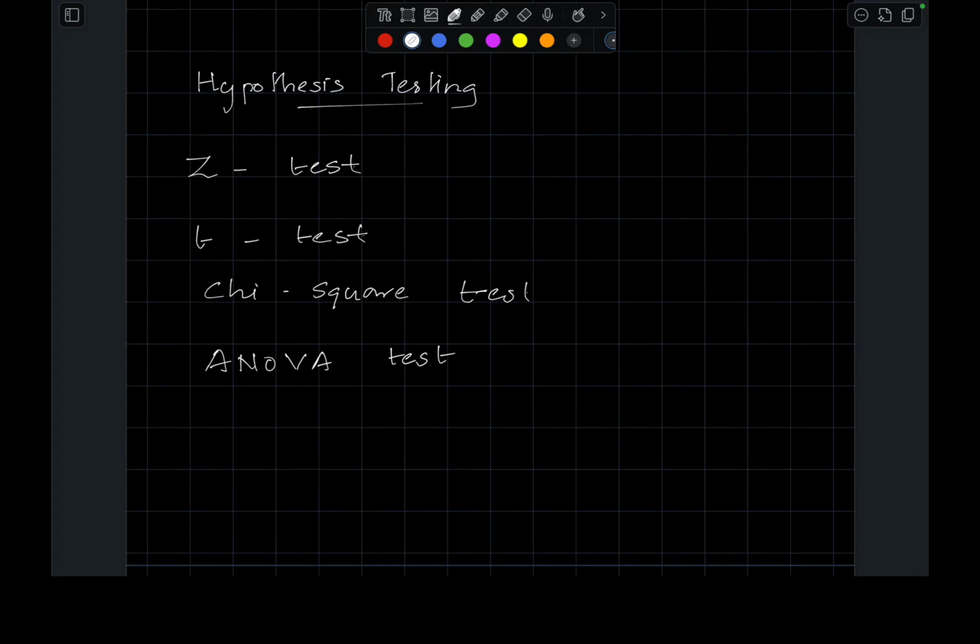Maybe for today we will try to cover at least the first two, and then in the next session we will cover the chi-square and ANOVA tests.